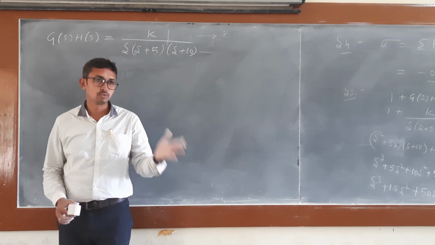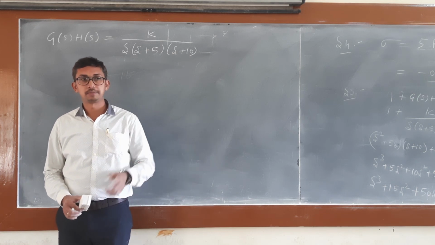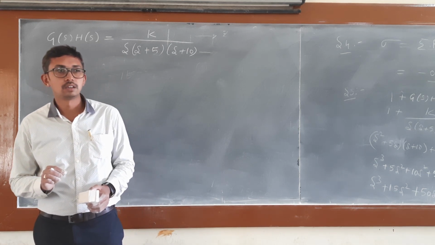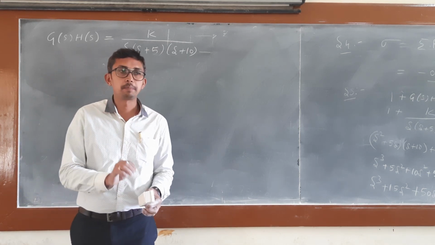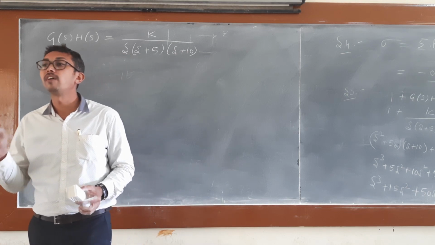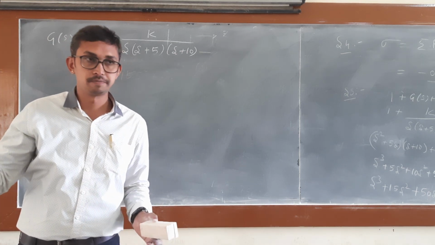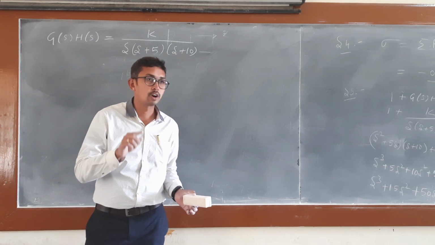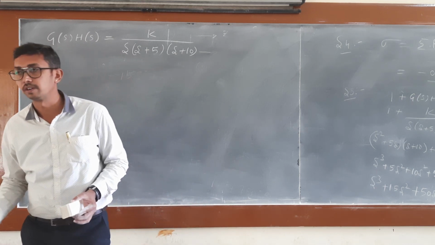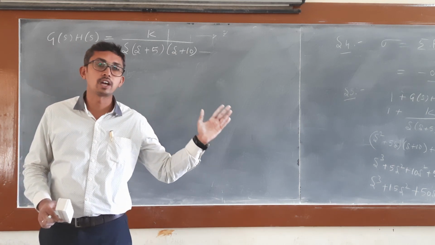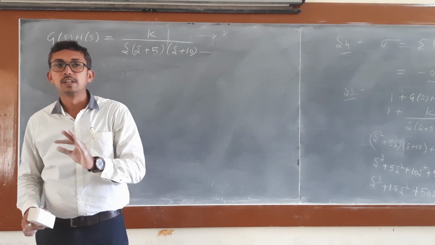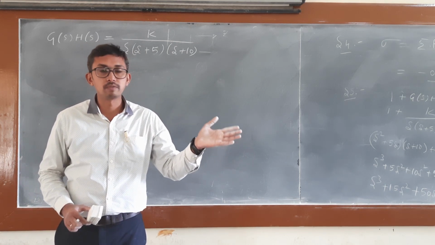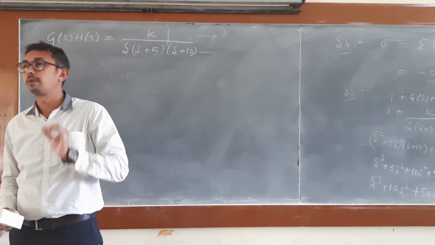Steps 6 are over. What is the 7th step? Find the angle of departure and angle of arrival, if applicable. When we come across complex poles, we need to find the angle of departure.